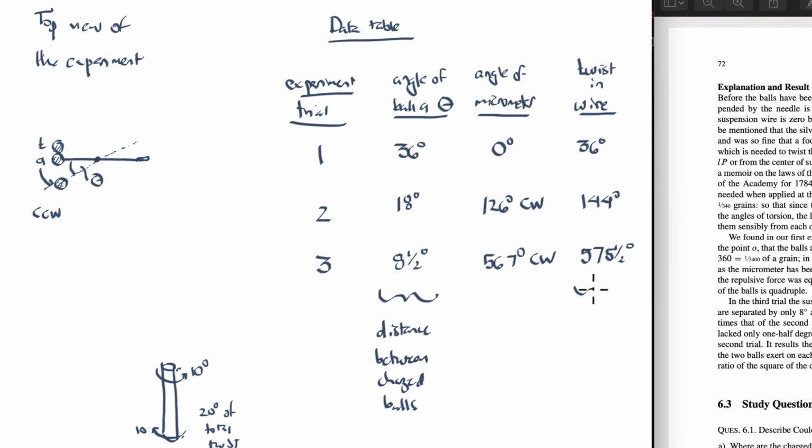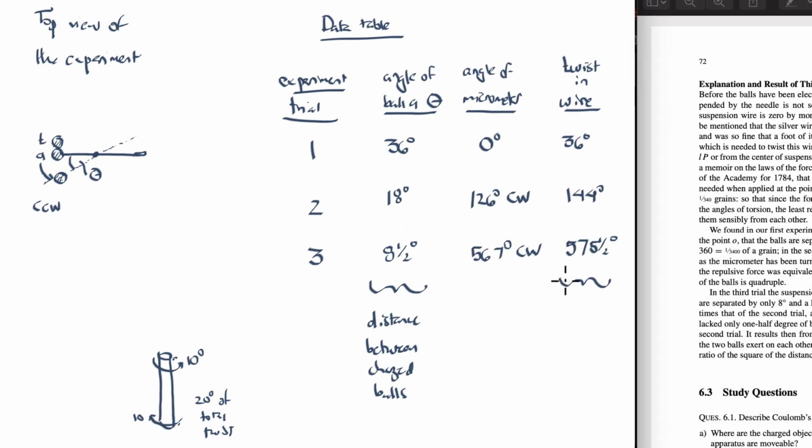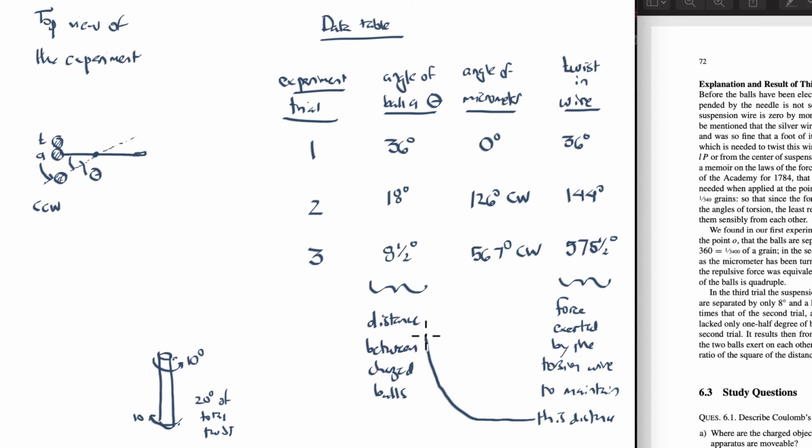And this right here is a measure of the force exerted by the torsion wire to maintain this distance. By this, I mean this distance right here.